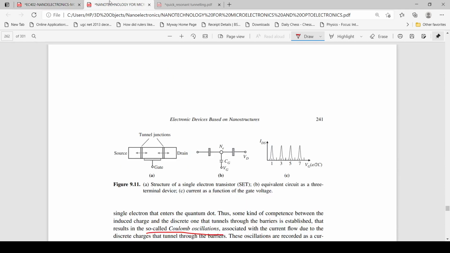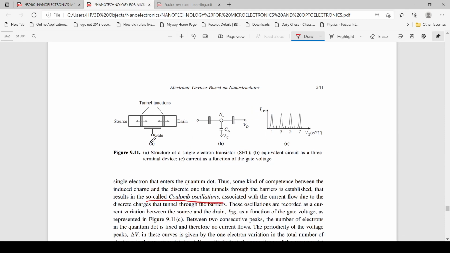I will show the figure. This is the structure of the single electron transistor. Here we can control the operation by applying a suitable voltage to the gate. An equivalent capacitor Cg is shown, and Vg is the applied potential. In the reservoir we can add a potential of Vd.